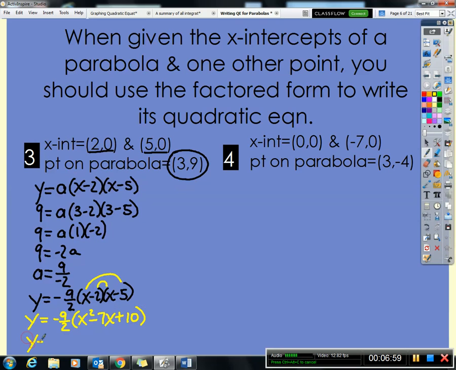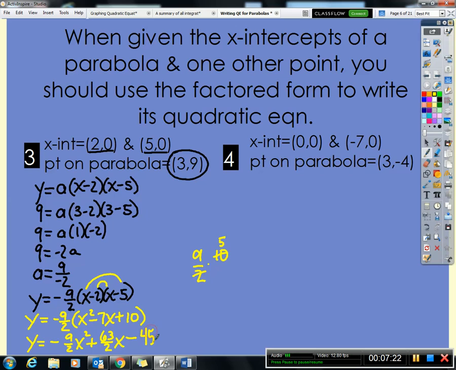So negative 9 over 2 x squared plus 9 times 7 is 63 over 2 x. That does not reduce. Scratch work. Remember, you're going to have negative 9 over 2 times 10 is negative, but 9 over 2 times 10, 2 goes into 10 5 times. So it'd be easiest just to say 45.